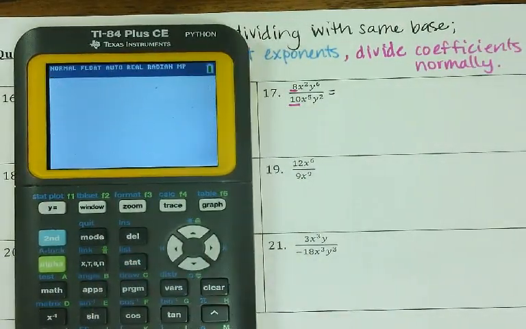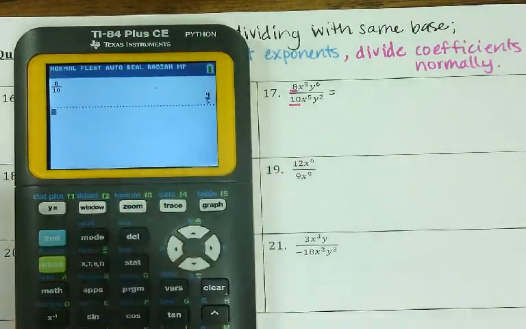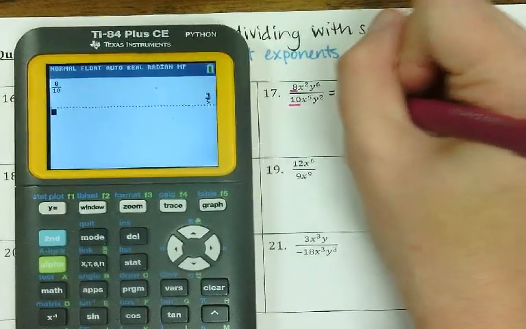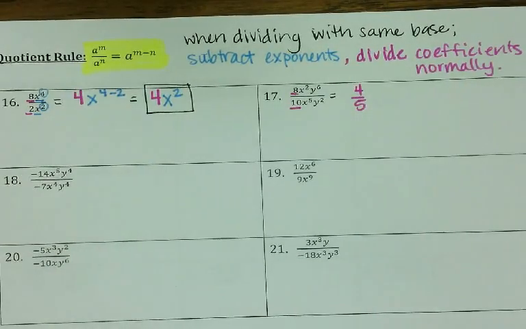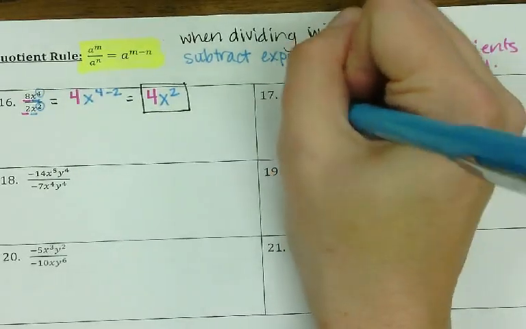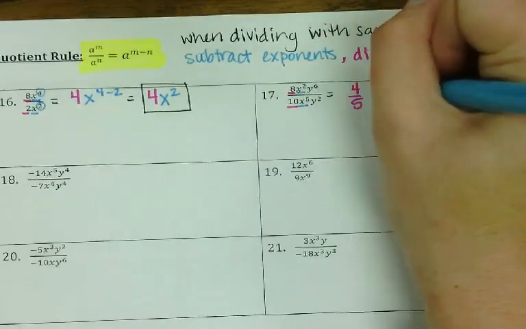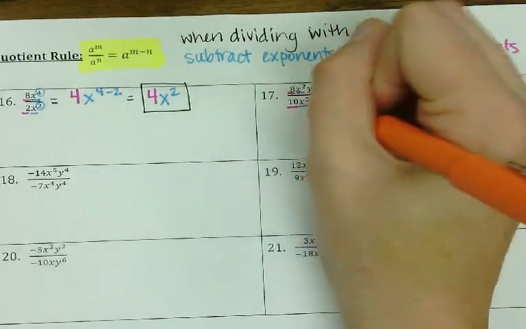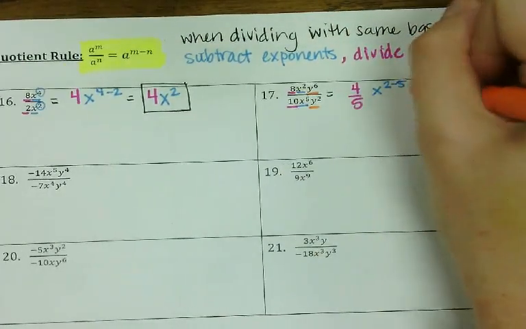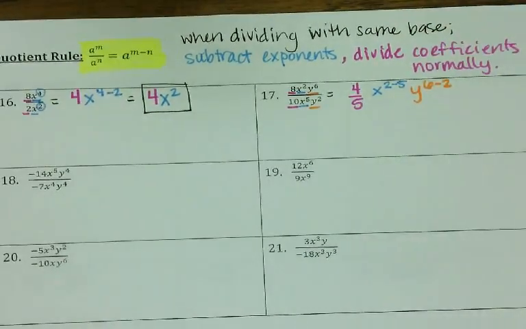Because you can divide them both by 2. So 8 divided by 10 reduces to 4/5. All right? And then, guys, we are going to look at this. We have x^(2 minus 5). And then we have y^(6 minus 2). Do y'all feel good about that?